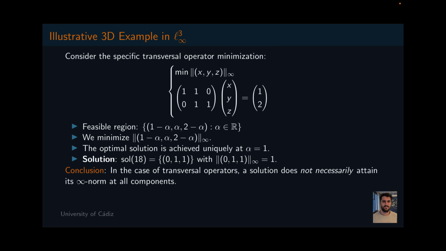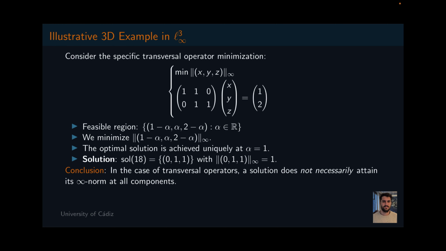To properly ground these abstract theorems, let's look at a concrete, simple 3D example in L infinite 3. We want to minimize the infinity norm of a 3D vector x, y, z subject to a simple 2 by 3 linear system representing our constraints. By parameterizing the feasible region, which is just a line in 3D space, we find that all valid vectors look like 1 minus alpha, alpha, 2 minus alpha.